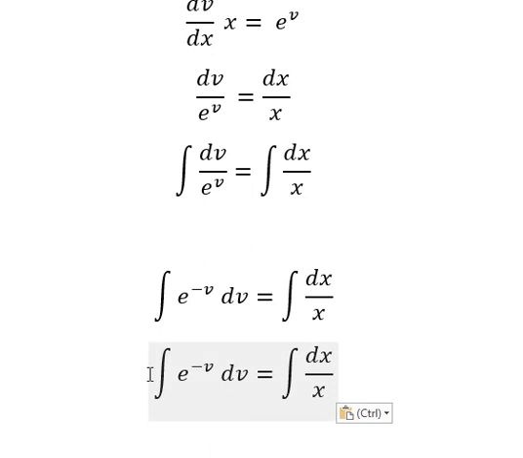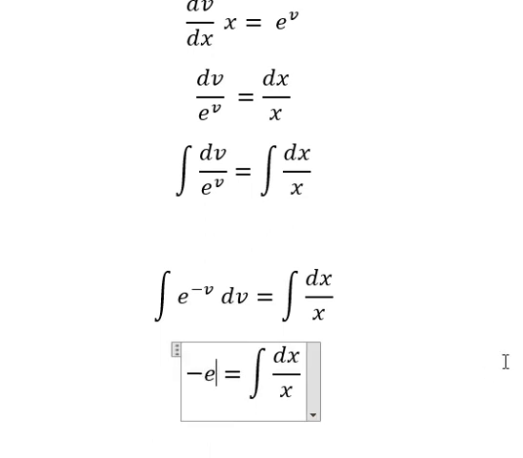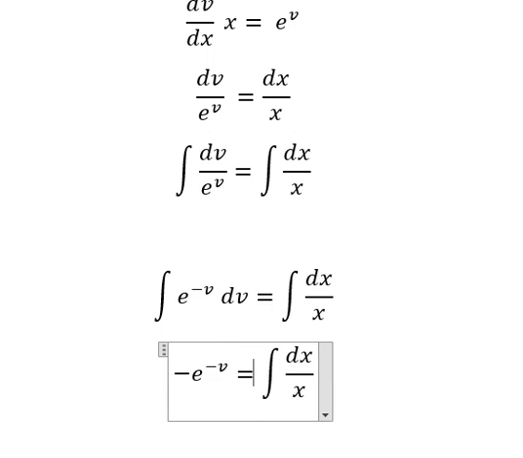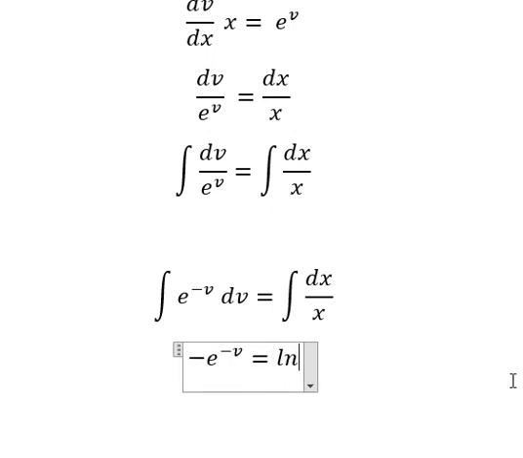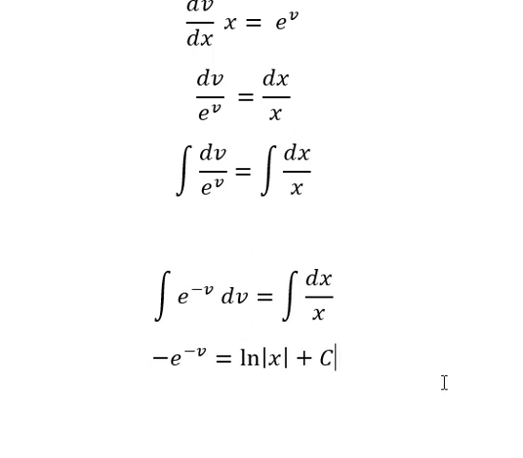So the integration of this one, we have negative e to the power of negative v. This one, we have ln of the absolute value of s, and I will put c.